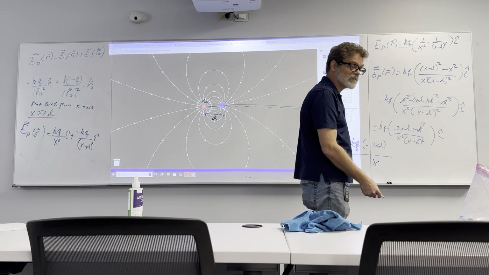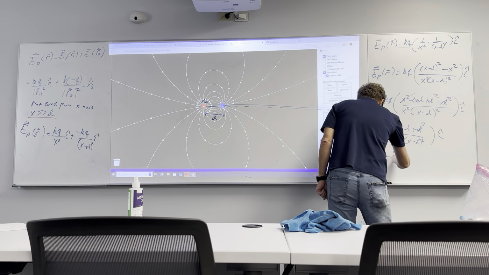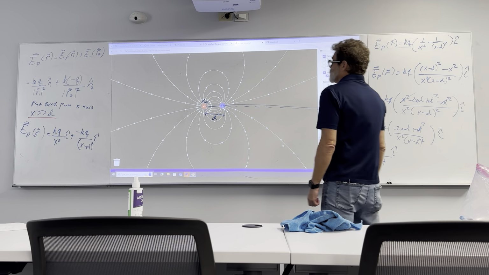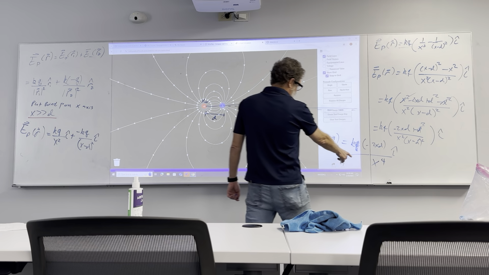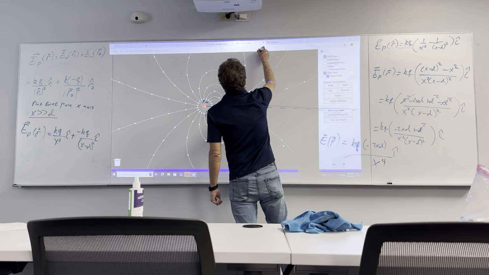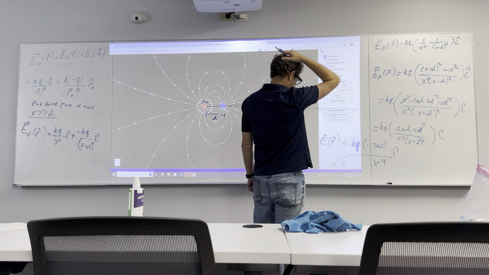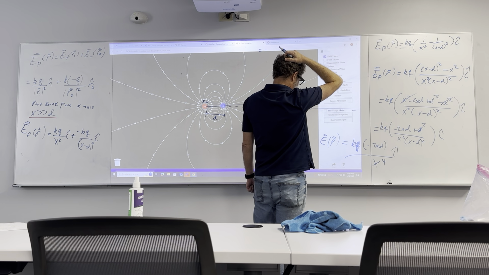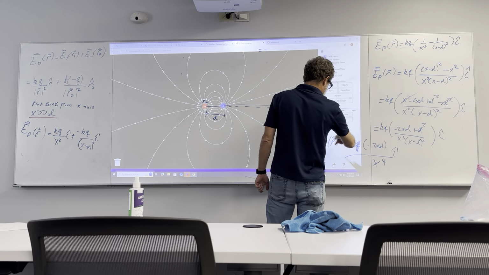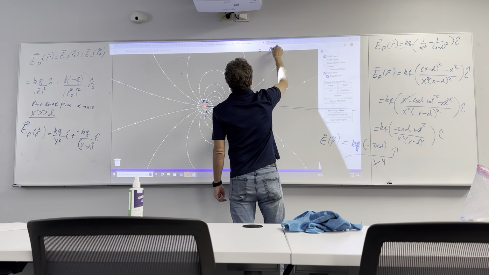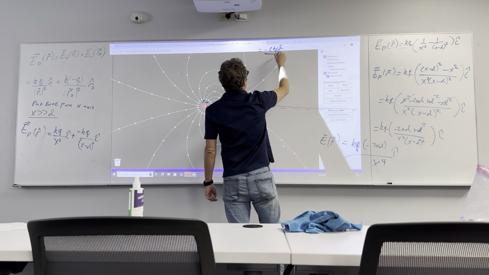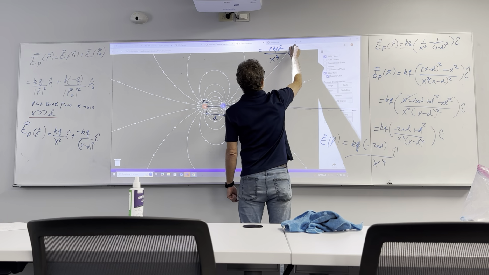Fourth, times i hat. And I'm running out of space. That simplifies, one of the x cancels. So I get minus 2KQd over x cubed times i hat.